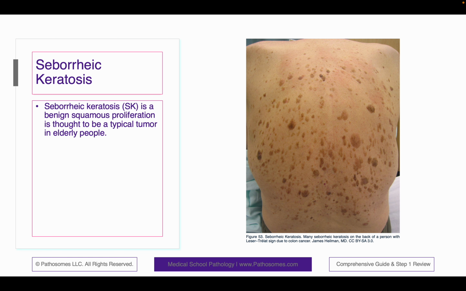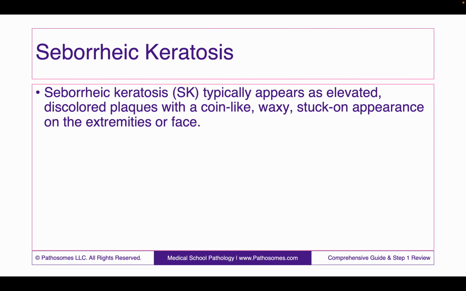This actually is the Leser-Trélat sign that is associated with colon cancer. Seborrheic keratosis typically appears as elevated, discolored plaques with a coin-like, waxy, stuck-on appearance on the extremities or face.